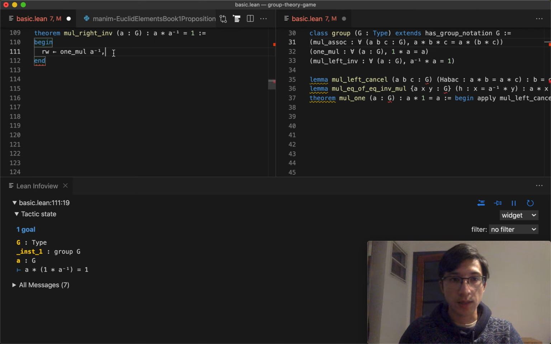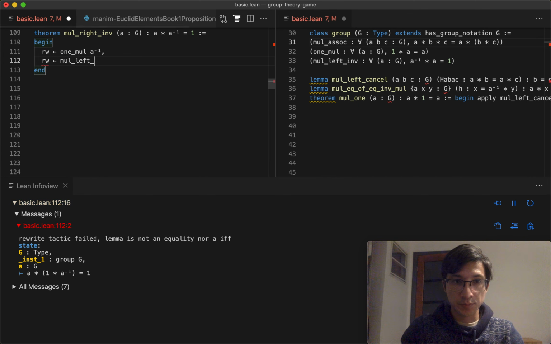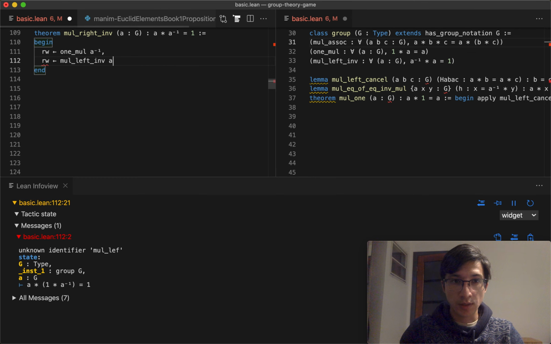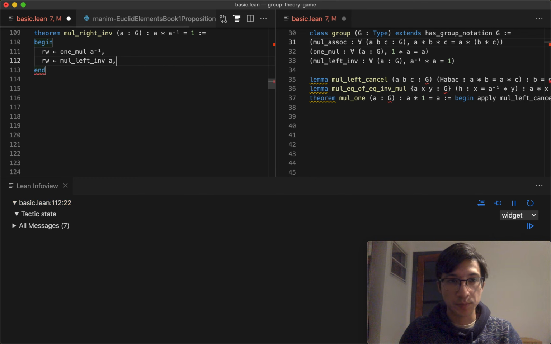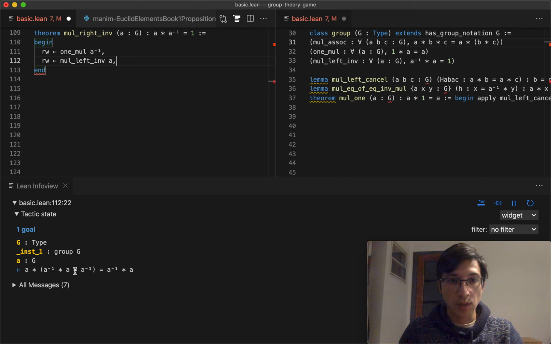And we could, again, rewrite using mul_left_inverse and make an A appear this time so that we can cancel that A. Okay, so now we could use mul_left_inverse, however we get back to 1. Same goes for here, so in essence this doesn't really get us anywhere.